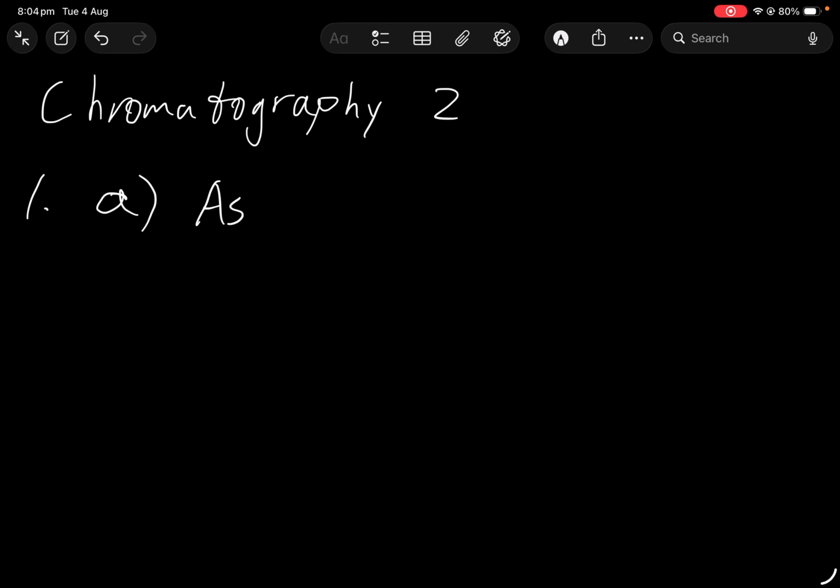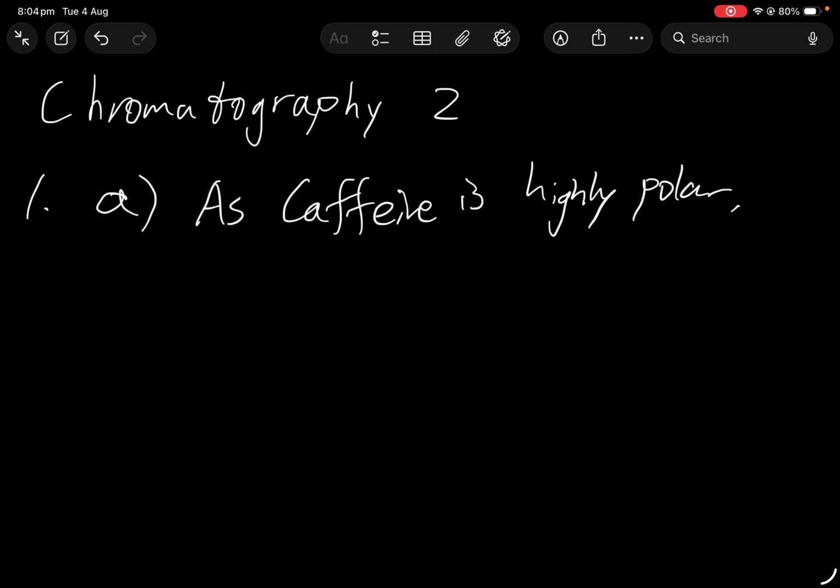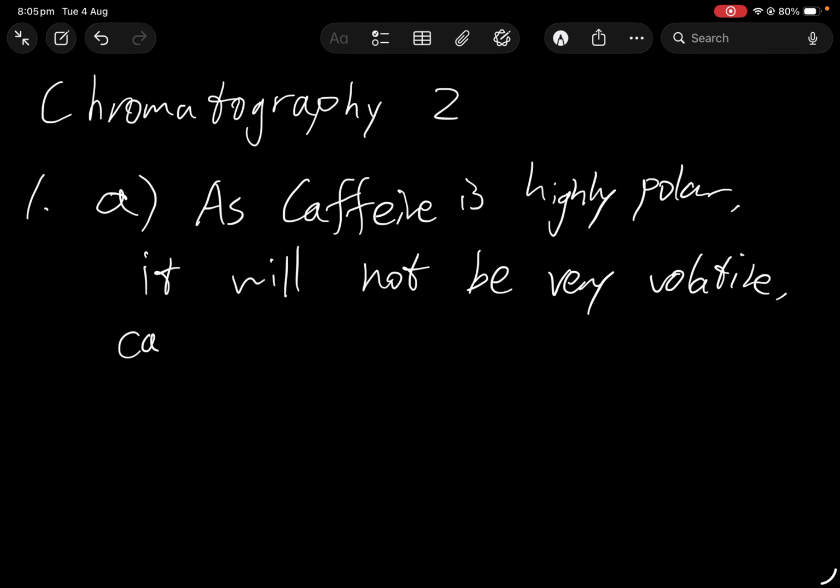So as caffeine is highly polar, it will not be very volatile, preventing GC from being used.